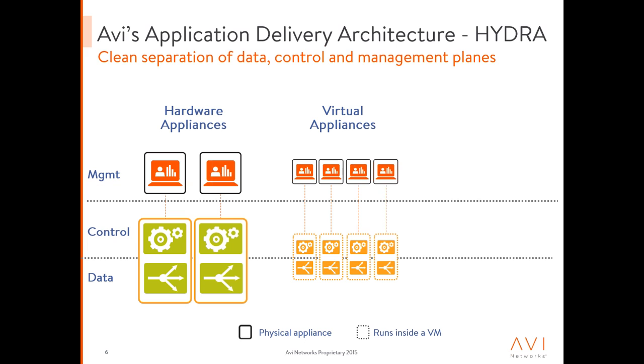All true innovation comes from ground-up redesign using the latest and greatest that technology has to offer. For the longest time in data center, and certainly in network services, we've been constrained by very appliance-centric architectures. We have either hardware appliances that I'm showing on the left side of my picture, where we deploy these boxes, maybe 2, maybe 4, maybe 100, and we end up deploying and managing and configuring these one by one.